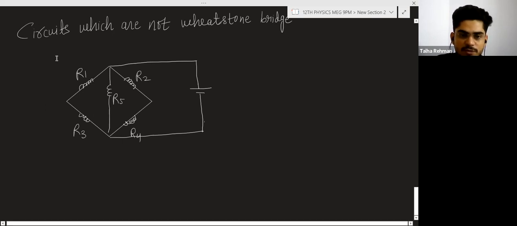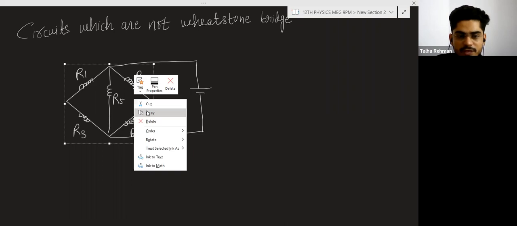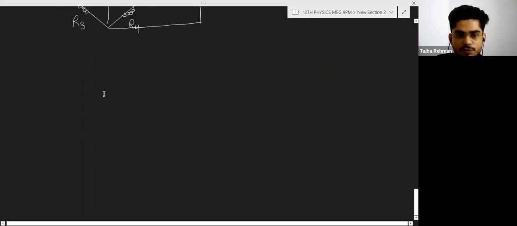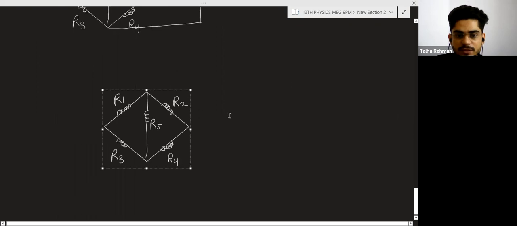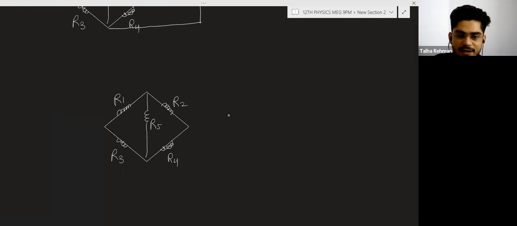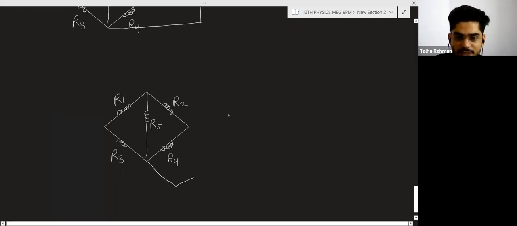And there is one more circuit that is looking like the Wheatstone Bridge but is not the Wheatstone Bridge. Suppose the resistances are connected like this, and I have connected the battery like this.